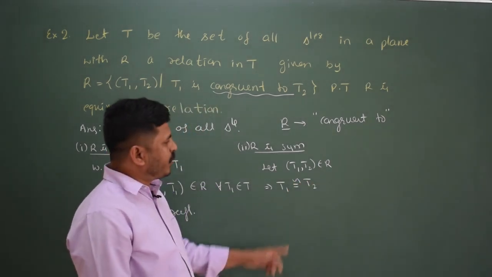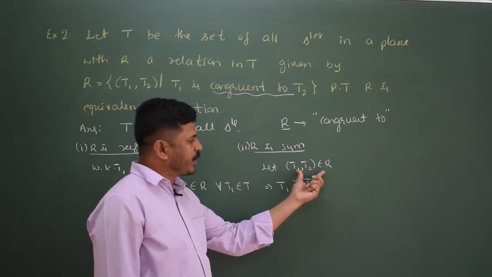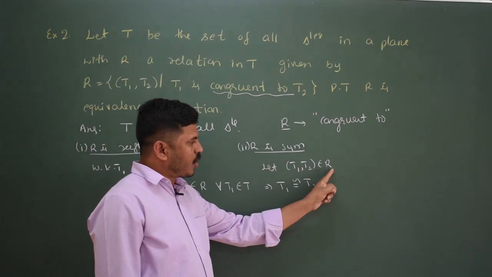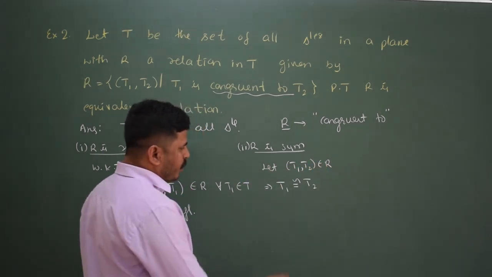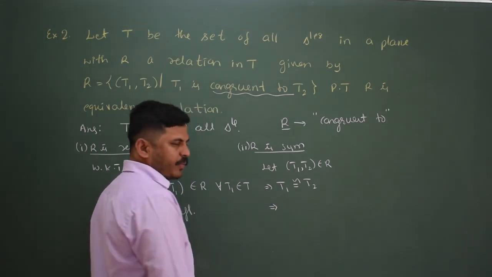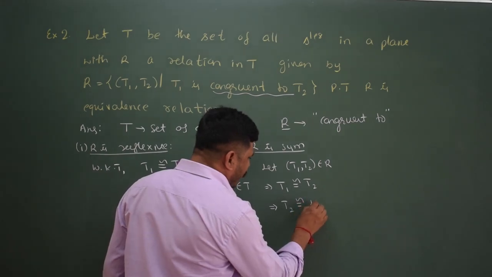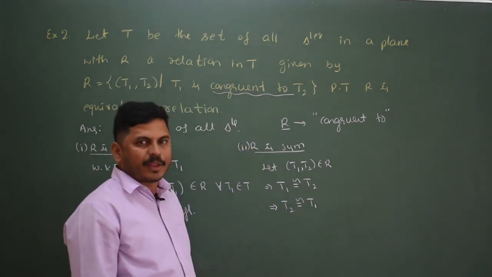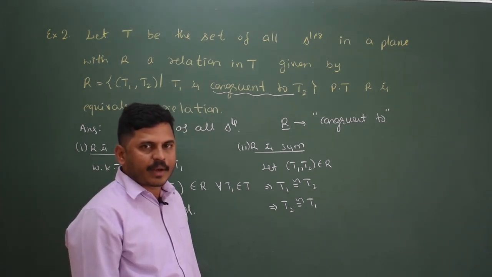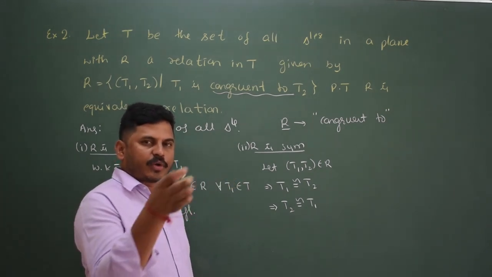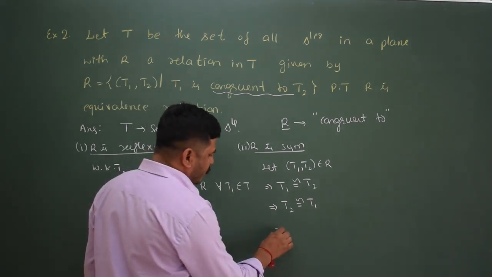I have taught how to read it: T1 is congruent to T2. Does it imply T2 is congruent to T1? If you have read the congruent triangles chapter, if T1 is congruent to T2 then T2 is congruent to T1. Yes, it is always true.